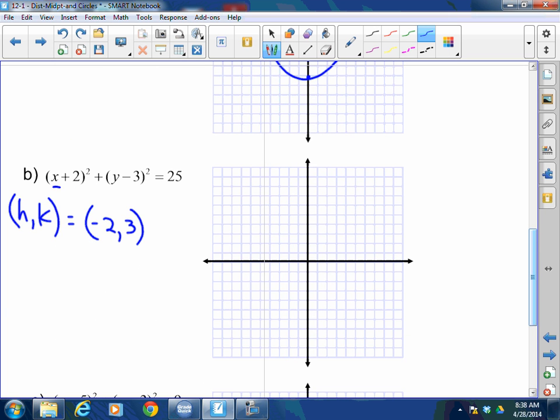The 2 is positive here. So what's the h really? The h is negative 2. This is negative 3. So what is the k for real? Positive 3. It's x minus h, y minus k squared. If I have x plus 2, h is negative 2.